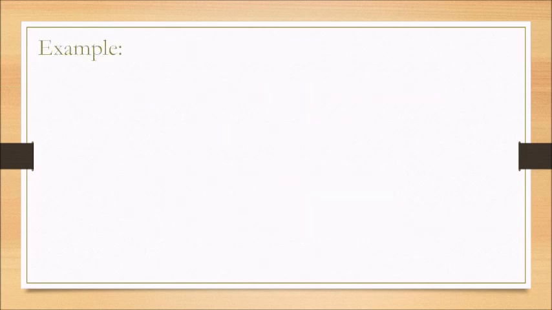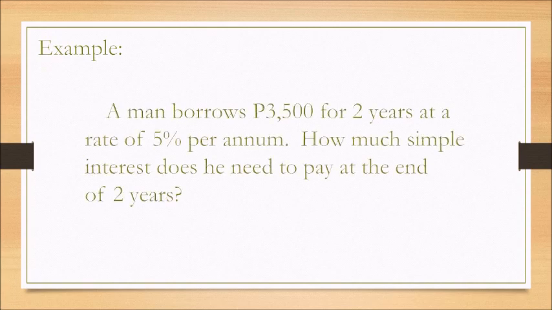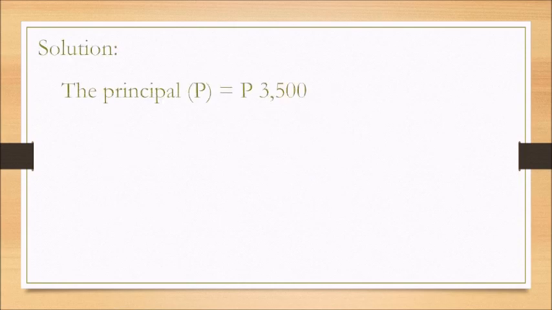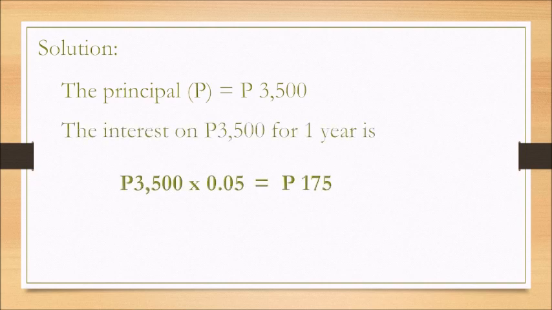Let's do an example. A man borrowed 3,500 for 2 years at a rate of 5% per annum. How much simple interest does he need to pay at the end of 2 years? Solution. We have the principal P equal to 3,500.